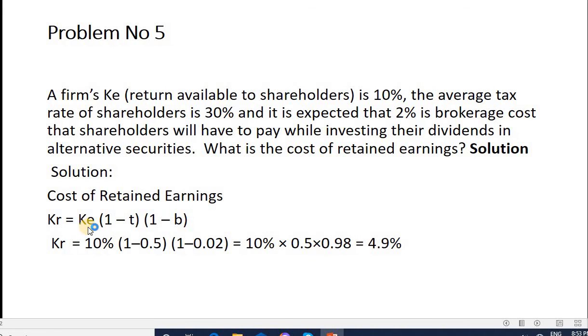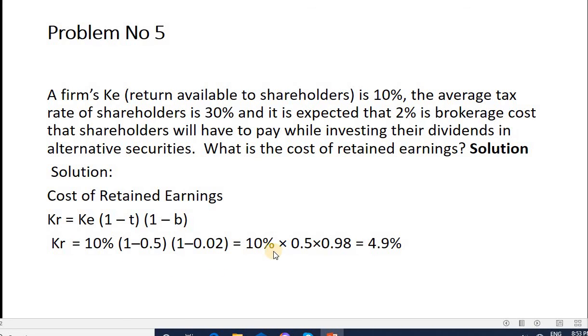Solution. Cost of retained earnings formula is K into 1 minus T into 1 minus B. So K they have given in the problem is 10%, into 1 minus T, tax rate is 50%, and brokerage is 2%, that is 1 minus 0.02.